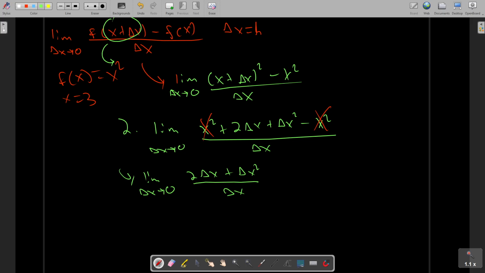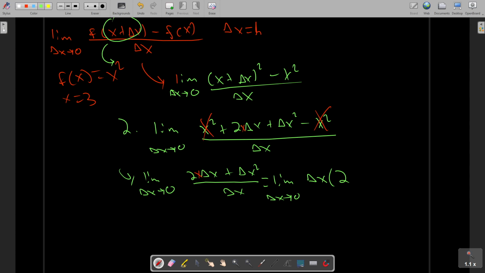Now, if you see why this works, then good job. Because you can pull out a delta x. So you would have 2, just so you know, there's supposed to be an x here, I just forgot that. So x.